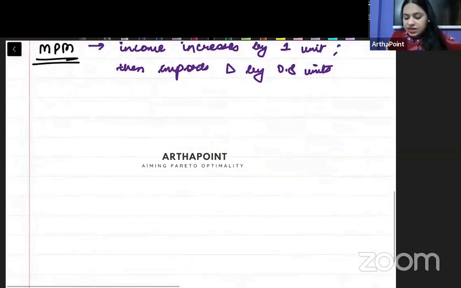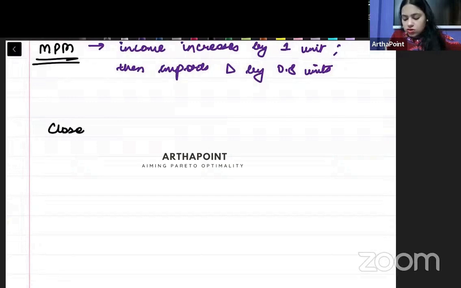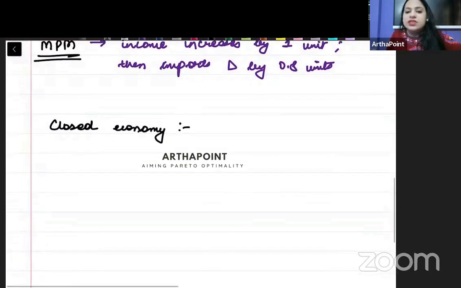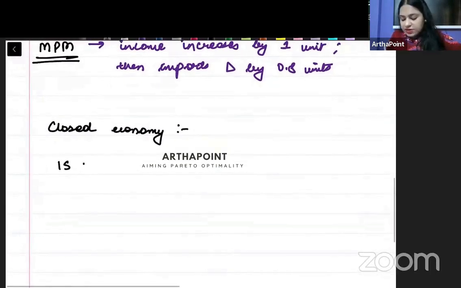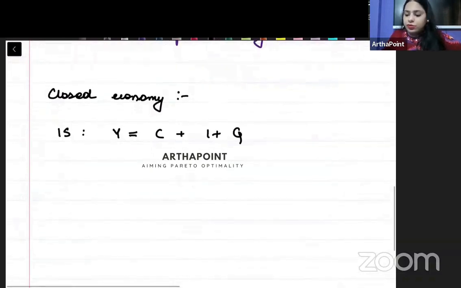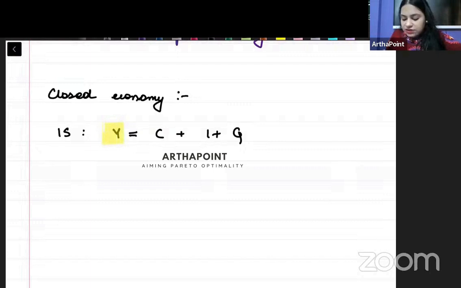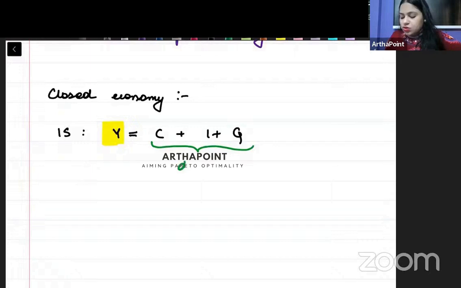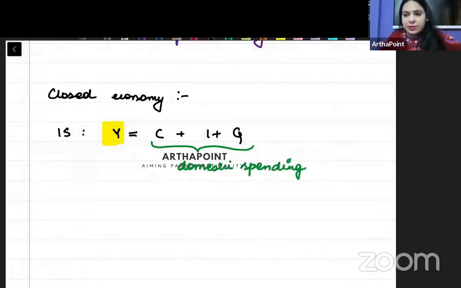Now, beta, till now, जब हमारी closed economy थी, we were saying that the IS curve equation was y is equal to c plus I plus g. मतलब हम ये बोल रहे थे कि जो भी income है वो सब domestic spending पे खर्च हो रही है. We are using all our income on domestic spending.